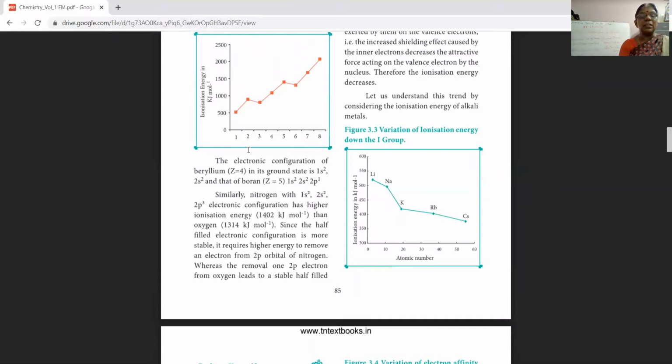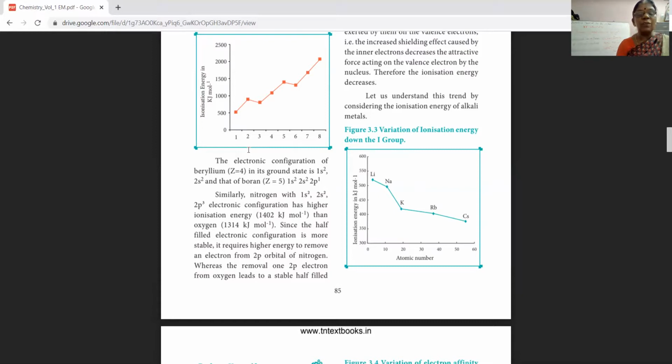Similarly, nitrogen, whose atomic number is 7, has the electronic configuration 1s2, 2s2 and 2p3. It has higher ionization energy, that is 1402 kilojoules per mole, than oxygen, that is 1314 kilojoules per mole.